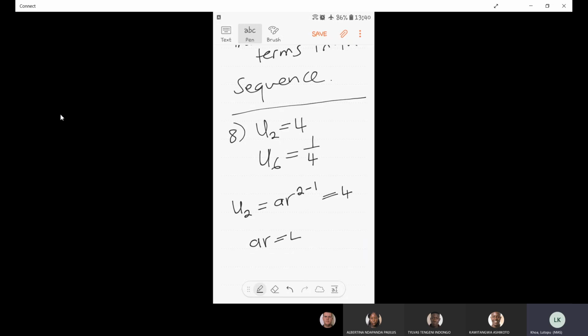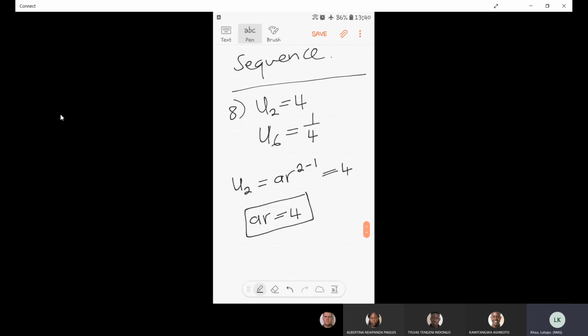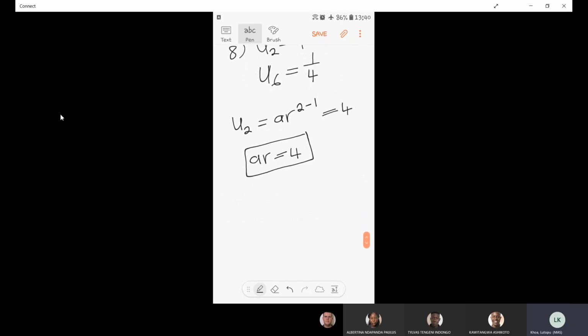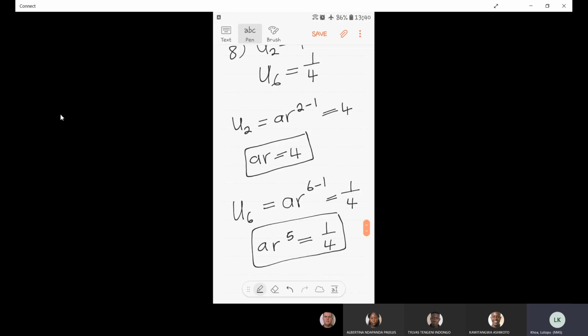This is equal to 4. So this is your first equation. Then we do the same thing with the second one. We have U6. This is equal to a r to the power of 6 minus 1, and this is equal to 1 over 4. So with this one, I have a r to the power of 5. This is equal to 1 over 4. So this is my second equation.